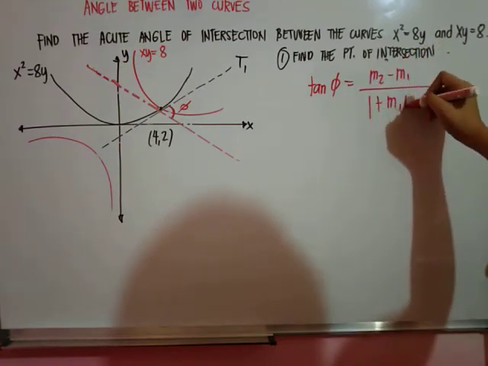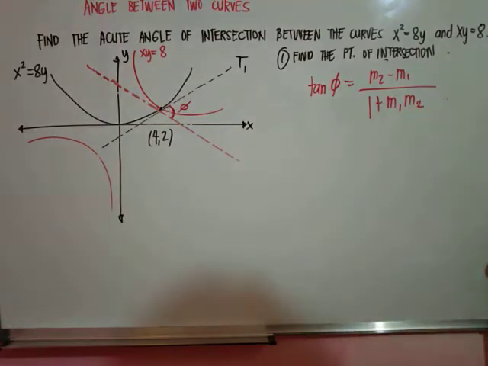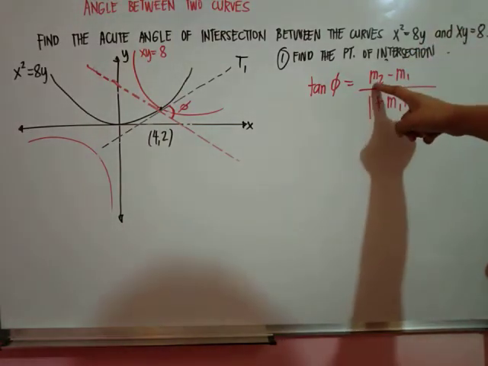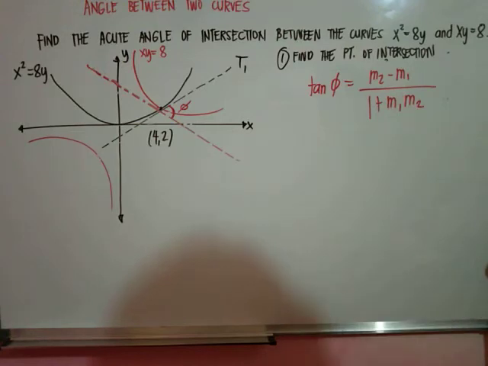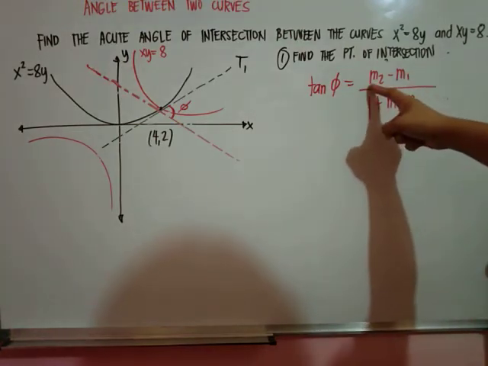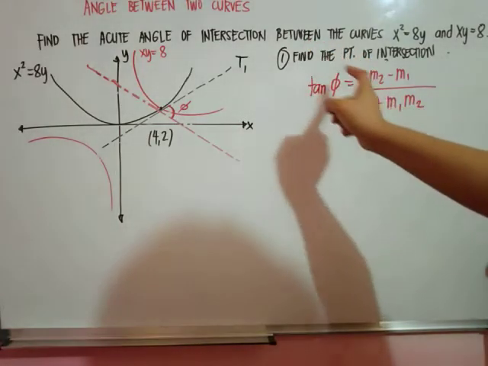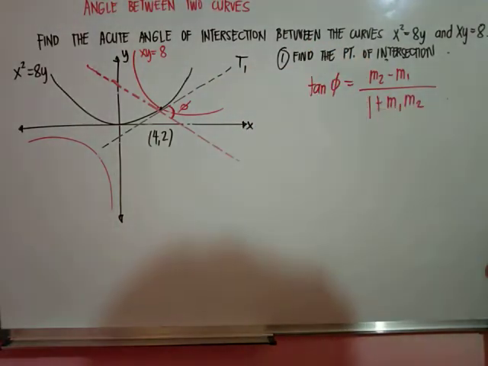So, we have this formula. Di ba, na-discuss ko na yung m, which is yung slope. So, kunin lang natin yung slope ng unang curve and then yung pangalawa.